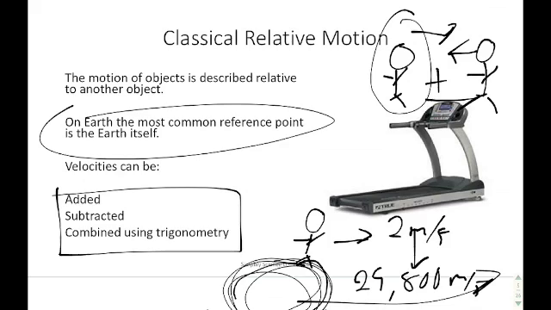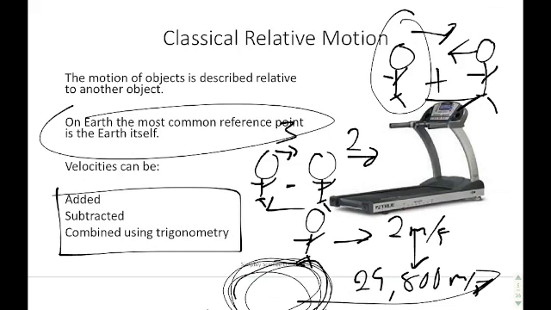Now, we said if you have people that are moving in the same direction, the velocities relative to each other need to be subtracted. The reason for that is I'm going to be very, very slowly gaining on them. So if they're moving at 2 meters per second and I'm moving at 3 meters per second, I'm only going to gain at a rate of 1 meter per second.